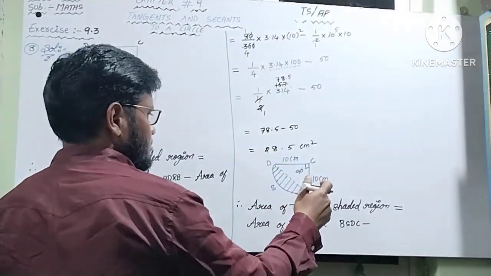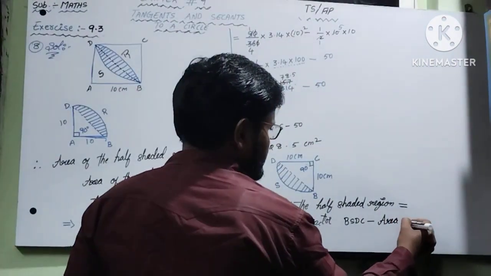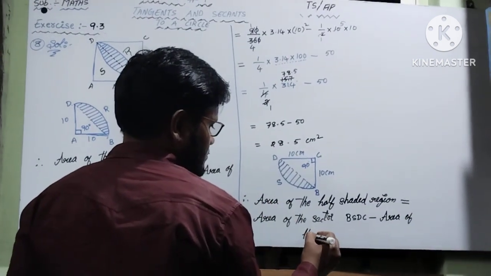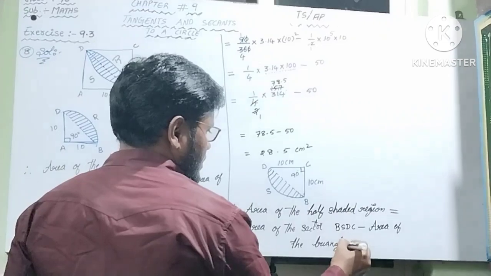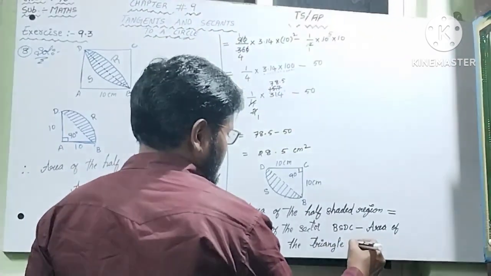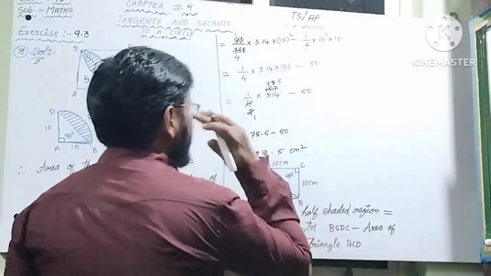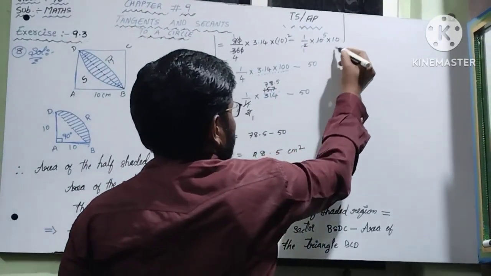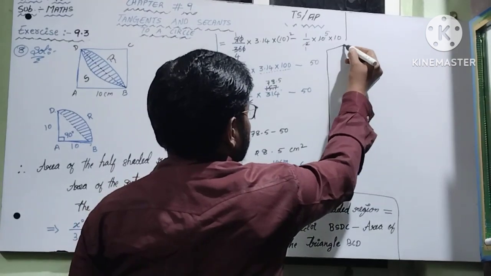Triangle name is what having? B C D. Area of the triangle BCD. We know the formulas here. No need to substitute the formulas because we already substituted in previous.